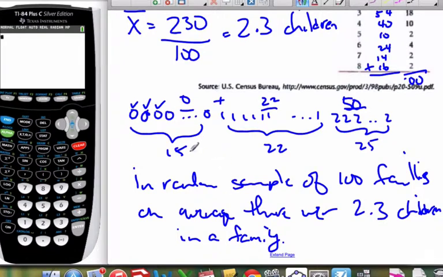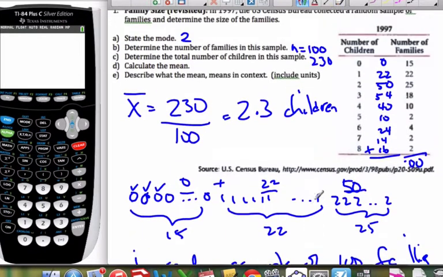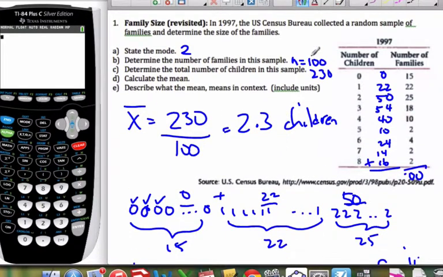Okay, that's what it means in context. From this sample, we can say on average there were 2.3 children in a family. So yes, we have to be able to compute the values, but we also have to know what it means and be able to describe it in context. There is your introduction to mean, median, and mode.